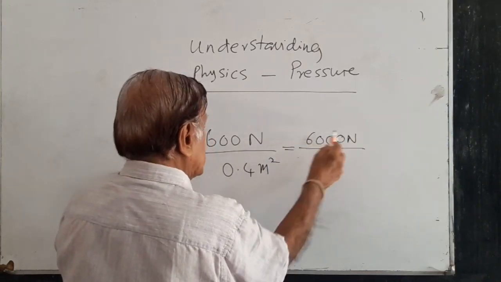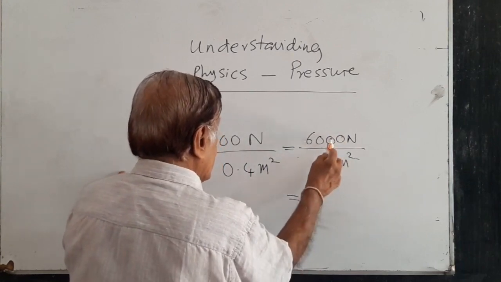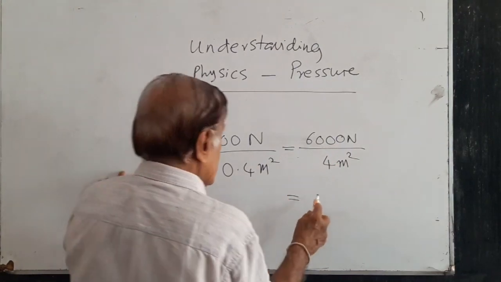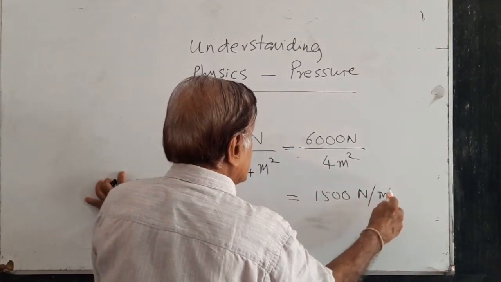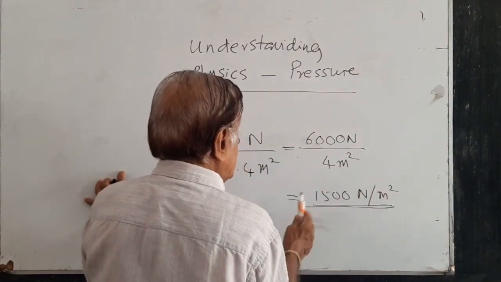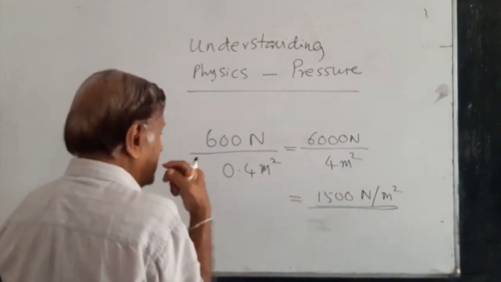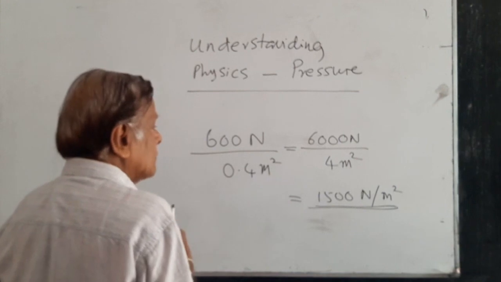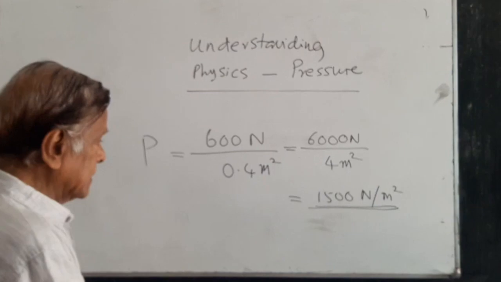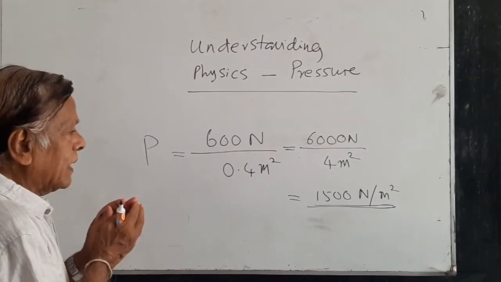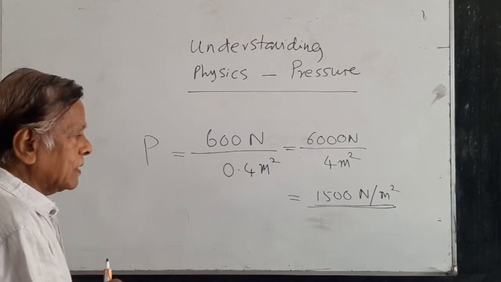When this becomes 6,000, this becomes 4. When you divide this by this, you will get 1,500 newtons per square meter. Actually, this is what we mean by pressure. Pressure is the force acted on a unit area.